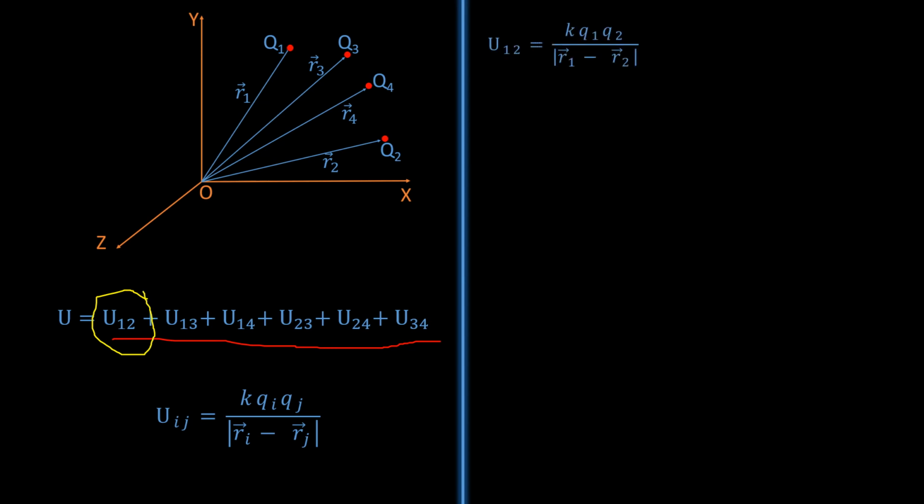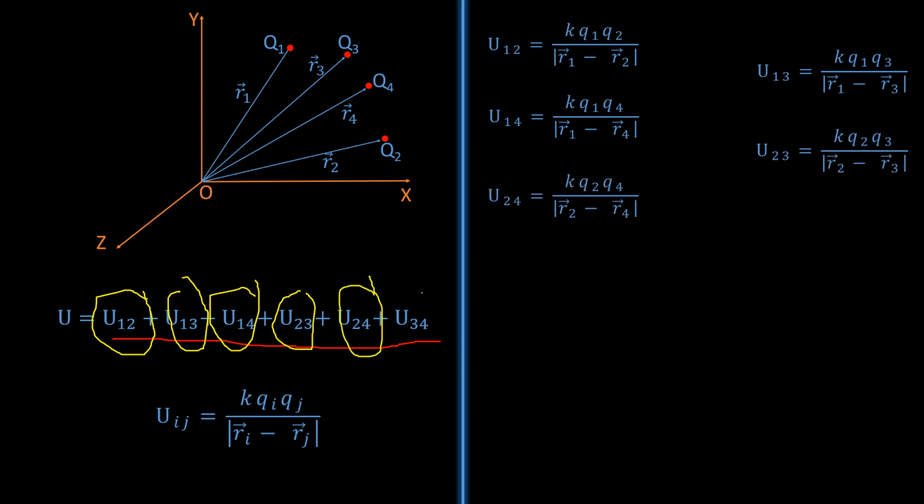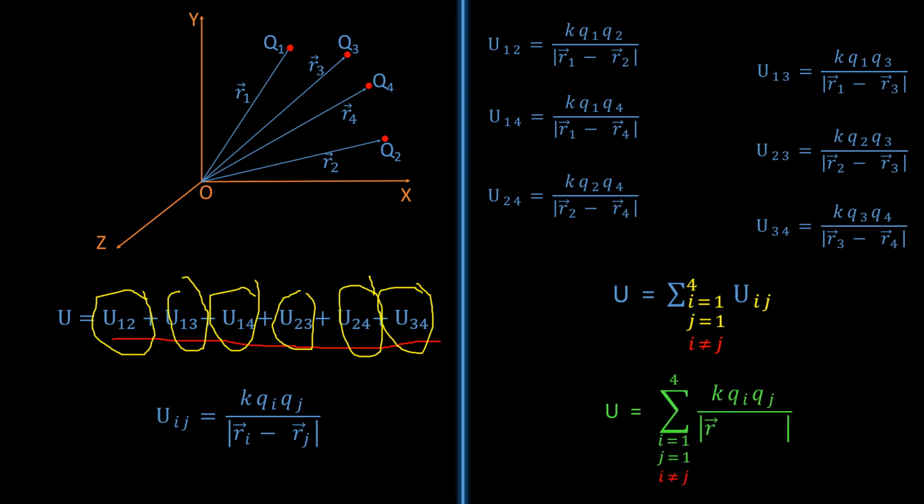Similarly u13, u14, u23, u24 and u34. So I can say that the potential energy of the system is the sum of uij, where uij is u12, u13, u14 and so on, and if I substitute the values, this is what I get.